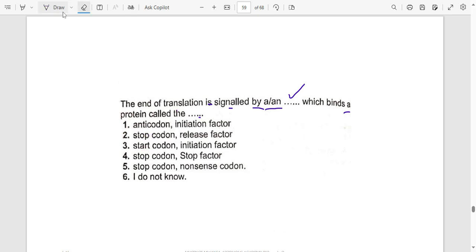So which options are we removing already? Option one, right? And which one? Start codon is also out. So now pick between 2, 4, and 5. What protein is going to bind? The release factor. Very good. So that is it.